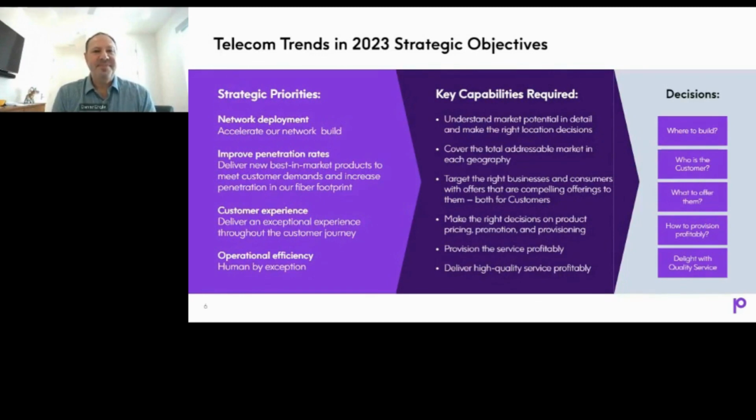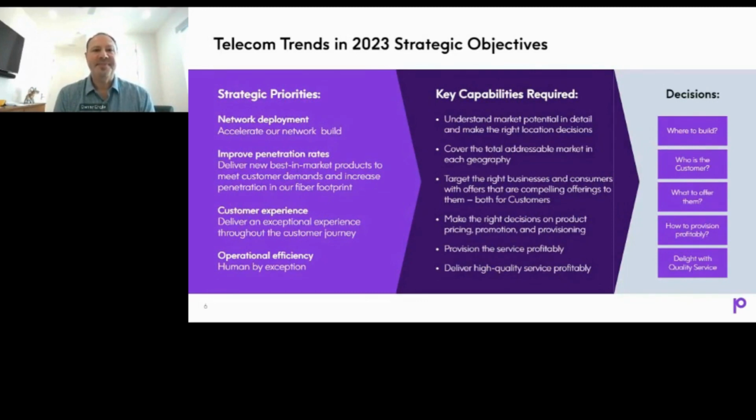And then a trend across all the pieces that I just talked about is a goal towards efficiency. And I've heard this multiple times. Every time, the folks that I'm talking to say it as if they're the first that have said this or thought of this, but we're seeing a trend across the space to try to find ways to get to a place of human by exception, meaning that machines are doing the vast majority of the work and only anomalies rise to the level of having to be touched by a human.